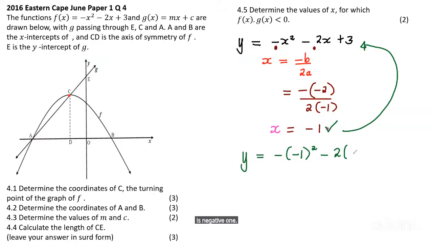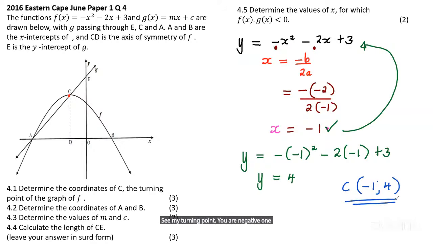In essence, I find y as 4. Then I can come up with the coordinates of C, my turning point: negative 1 and 4. That becomes your value of C. That's my story, and we are on that part.